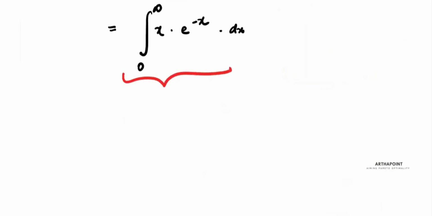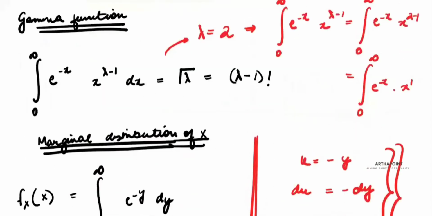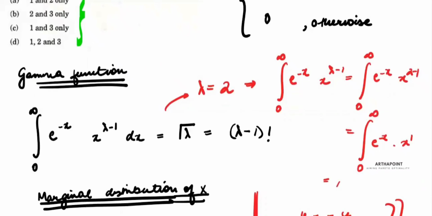Isn't this the integration I want? And I know that this is simply equal to lambda minus 1 factorial, which is 2 minus 1 factorial, which is 1 factorial, which is 1.